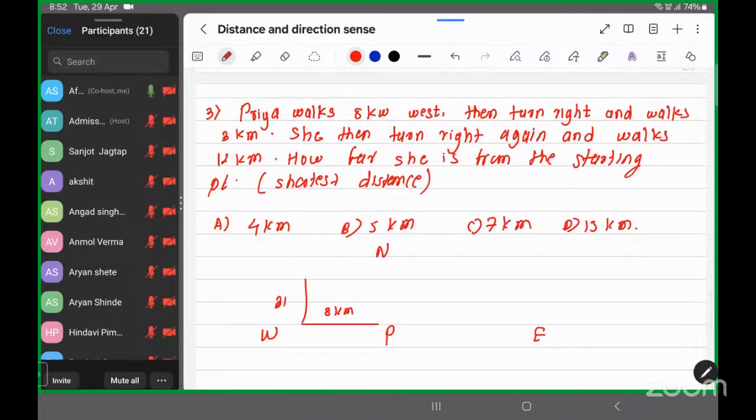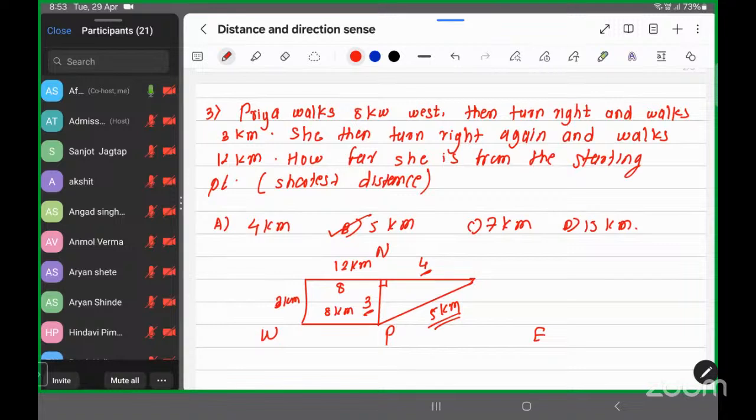Then she turns right again and walks about 12 kilometer. See, if this is 8, this is also 8, this is 3, this is 4. We need the shortest distance, then the shortest distance is this. So this is 3, 4, then this becomes 5 kilometer. So the answer is option B.